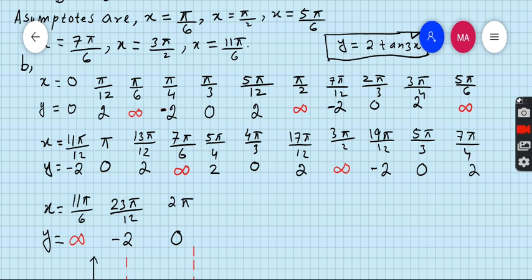5 pi by 4 gives us minus 2. Now I have corrected all values.